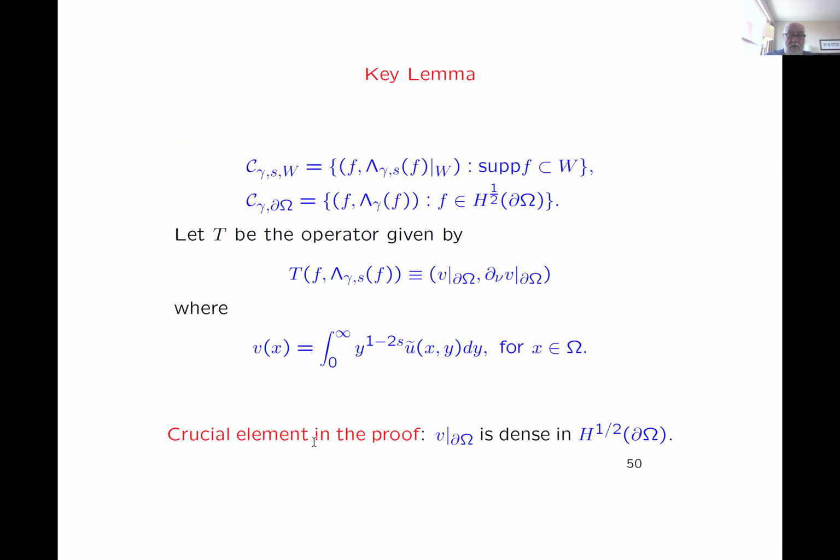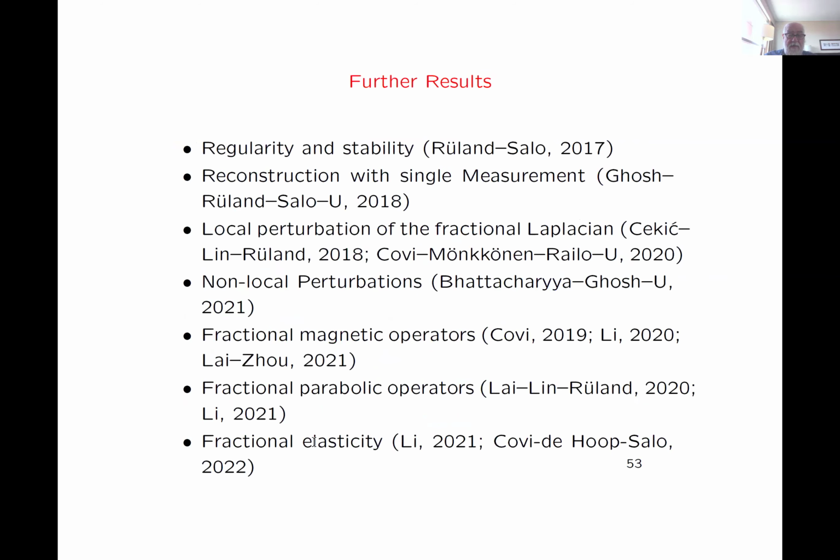I'm not going to have time for that, but there are many further results: stability, Rüland and Salo, one measurement and a reconstruction method with one measurement, local perturbations of the fractional Laplacian, like a magnetic field, things like this, non-local perturbation, fractional magnetic operators.